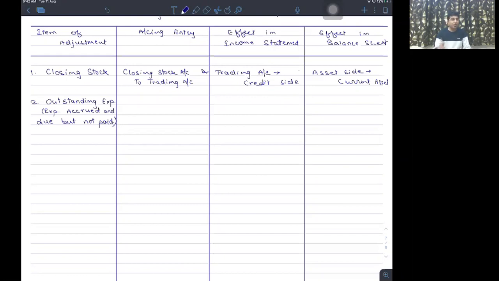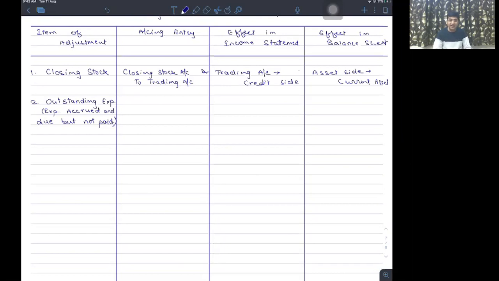Matching principle not only asks you to recognize the expenses or incomes, but it also says that if it is related to the current year income, the current year expense, then it should be recognized in the current year. That's the basic difference between accrual and matching.